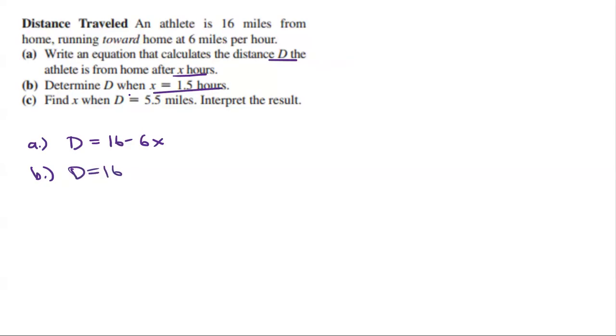So we get d is equal to 16 minus 6 times 1.5. 6 times 1.5 is 9. So it's going to give me 16 minus 9, which is going to give us 7 miles. So that's the distance away from home, right?